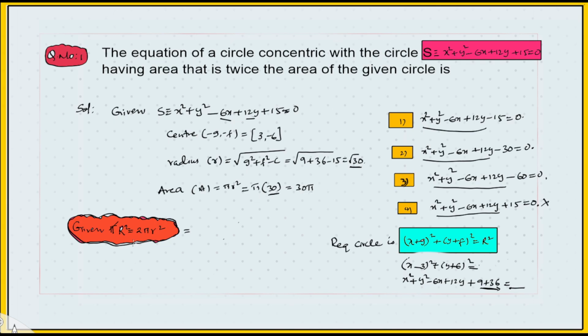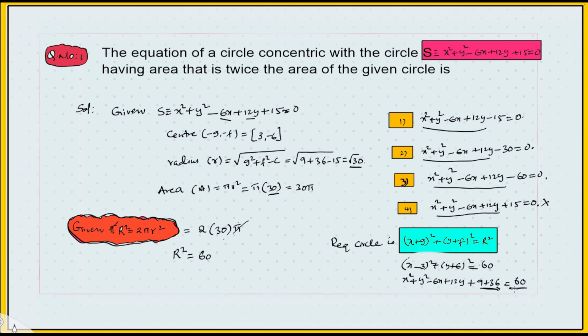The area of the required circle is pi R square. Capital R square is 2 times, twice pi r square. So 2 times 30 pi. So on both sides pi cancels. So our R square is 60. Now in the required circle, R square is 60.